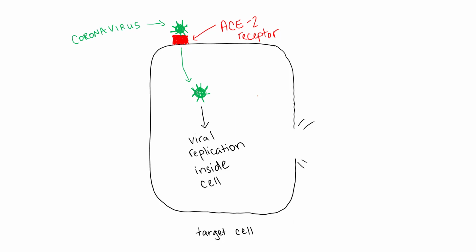So it's using the enzymes of the cell, it's using the ribosomes of the cell, and it's doing that because, recall, viruses are not cellular, so viruses don't have ribosomes and they don't have any DNA polymerase or those sorts of things. So they have to use the cell.